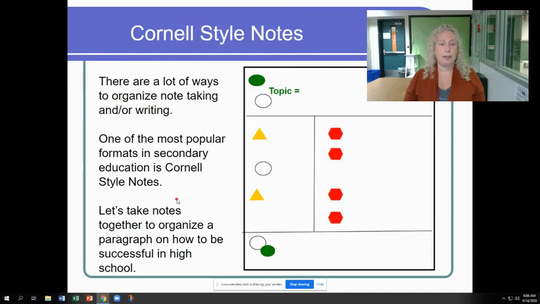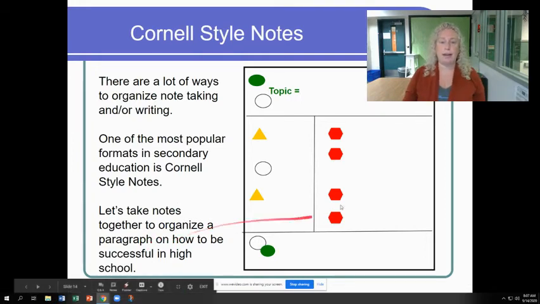Okay. I want to talk a little bit about Cornell-style notes. It is a great way to organize your note-taking skills. You'll see Cornell-style notes in a lot of classes, especially your history classes and your science classes. You'll see teachers having you do that. This middle section of the graph here is Cornell-style notes.